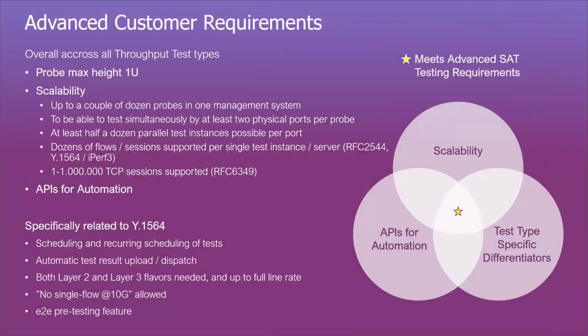Yes, thank you, Claus. Let's next have a look at some common advanced customer requirements when it comes to throughput metering testing and test types, considering them as an own independent use case set from the other main use cases like continuous active testing, like TWAMP testing.